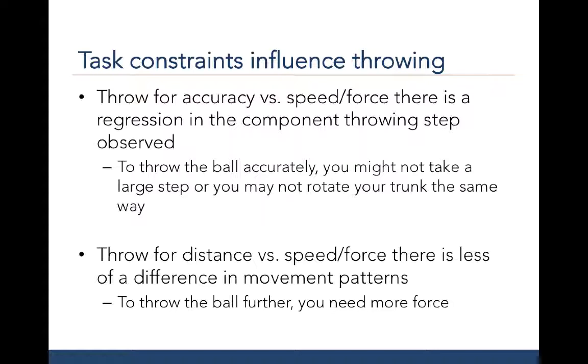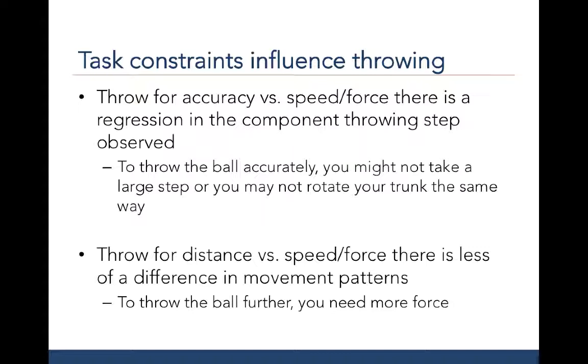In other words, you might try to throw the ball more like a dart, which has a very different set of movement patterns than if you were throwing for force. When the goal is to throw for distance versus speed or force, there is less of a regression or difference between the movement patterns from one type of throw to the other.